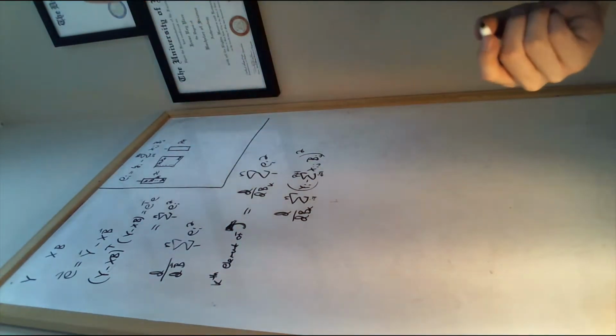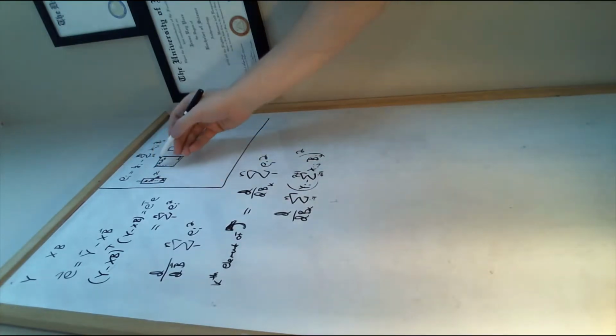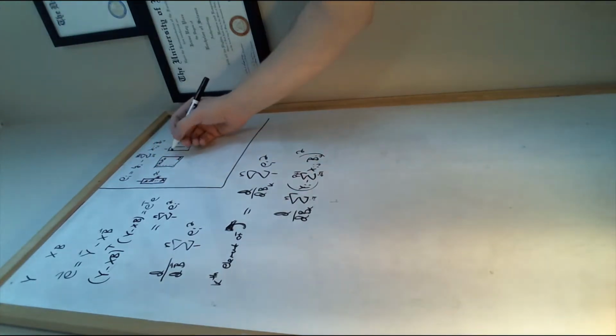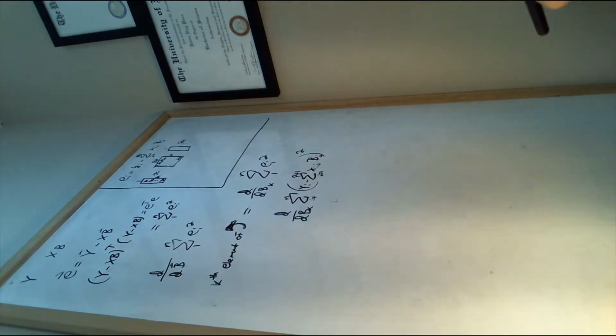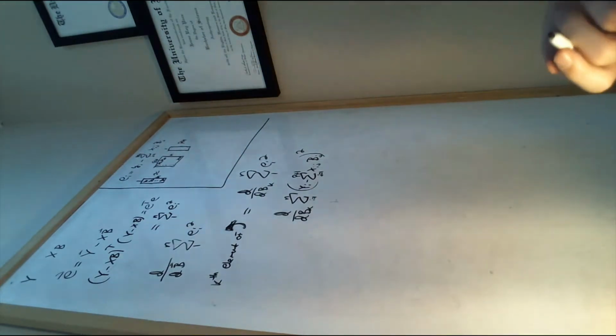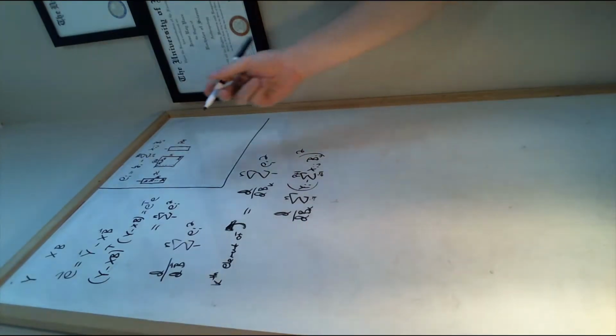So what is the approximation for this y1? It's going to be a scalar, because y1 is a scalar.